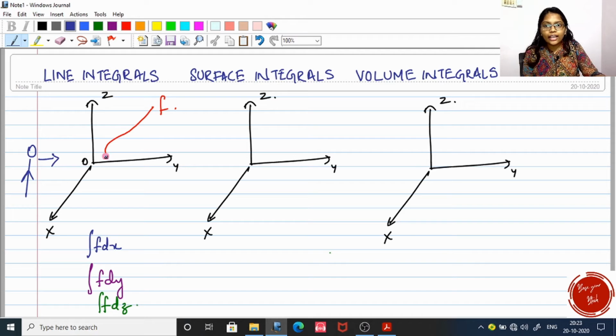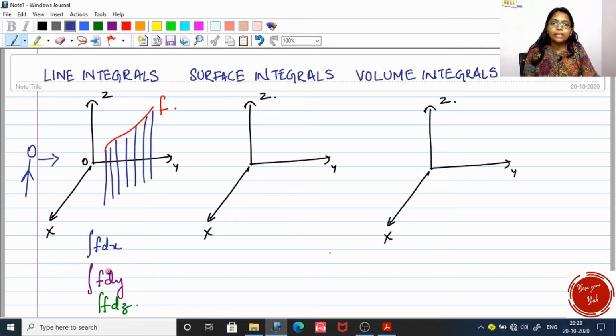The area of this projection with this x-axis is what you get from integral f dx. Actually this is the area of the function with respect to the xy plane. So the area of that shape is integral f dx.